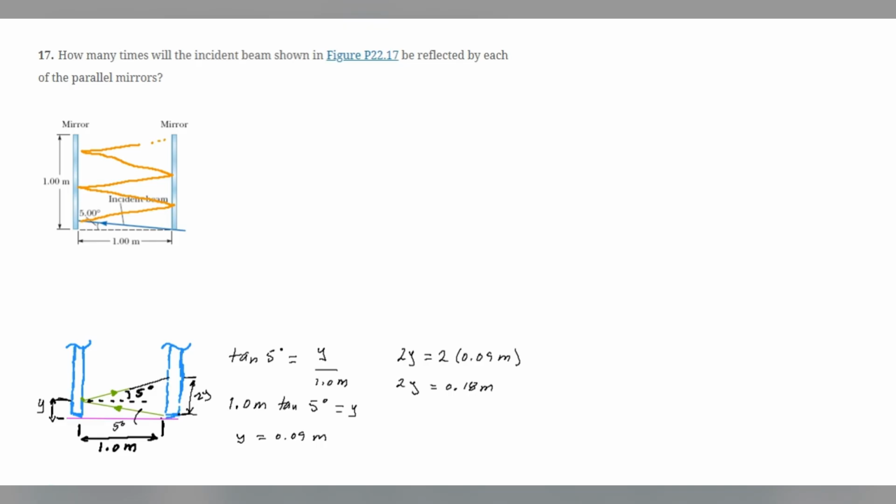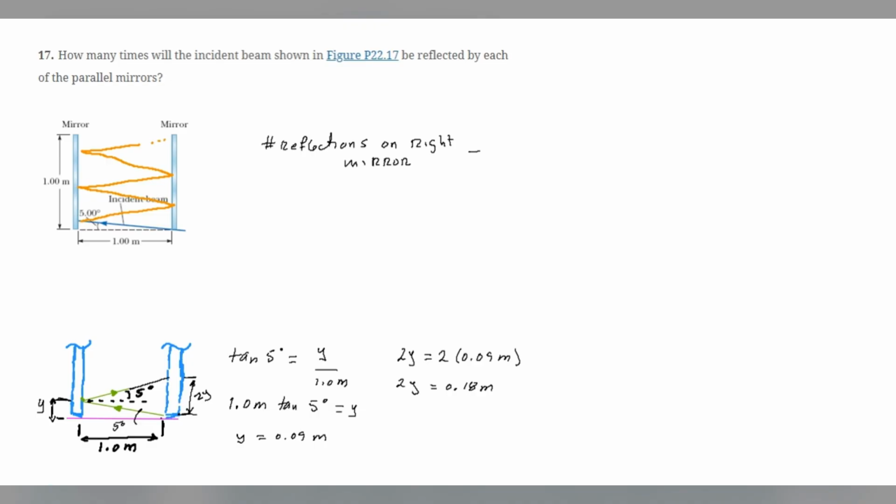Now, the height of the mirrors is 1 meter. How many reflections will we have in the right mirror?